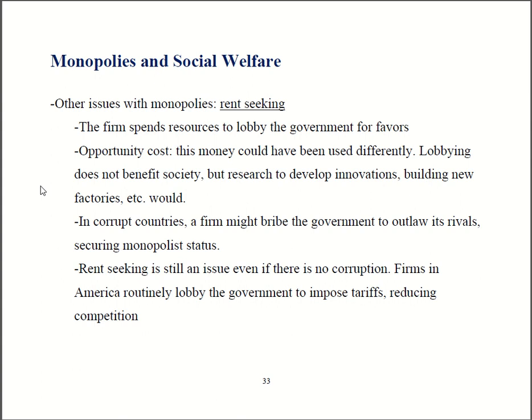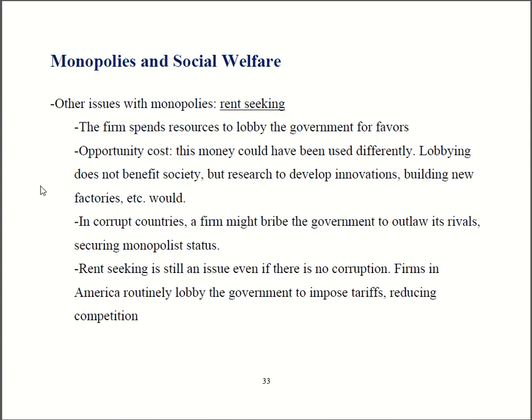Our next issue is something called rent seeking. That means that the firm is using resources at a cost in order to influence the government. So here's how this creates losses for society. If the firm spends money lobbying the government, that doesn't help out the rest of us. That money could have been used instead for things that do advance society's goals.